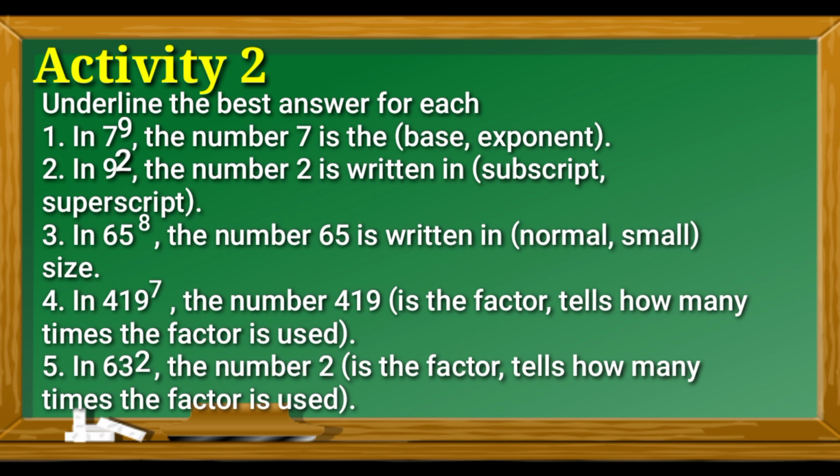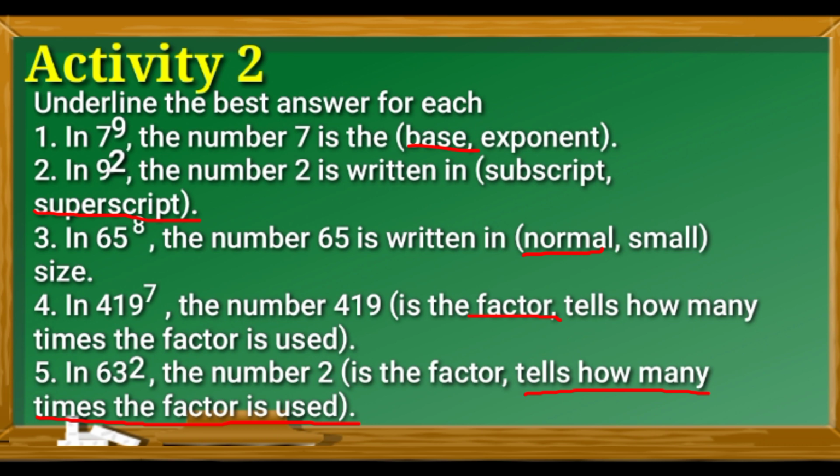In 419 to the 7th power, the number 419 is the factor, tells how many times the factor is used. And number 5, in 63 to the second power, the number 2 is the factor, tells how many times the factor is used. Do you have an answer? Let's find out if your answers are correct.